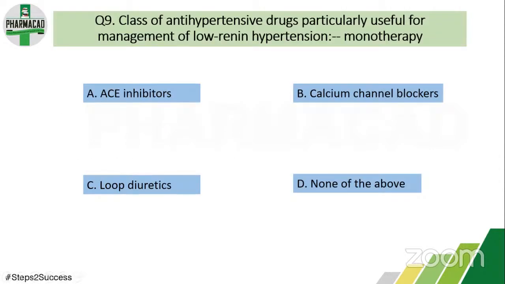It won't affect your renin levels because ACE inhibitors would stop the ACE enzyme from converting angiotensin 1 to angiotensin 2. And similarly, loop diuretics would only act on the absorption of your sodium and on your water retention.